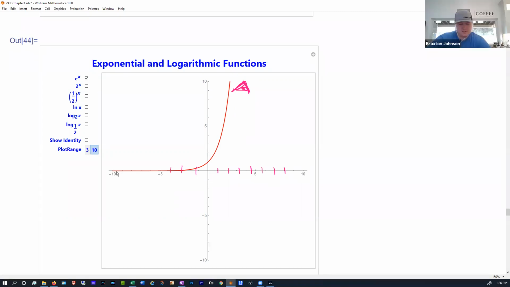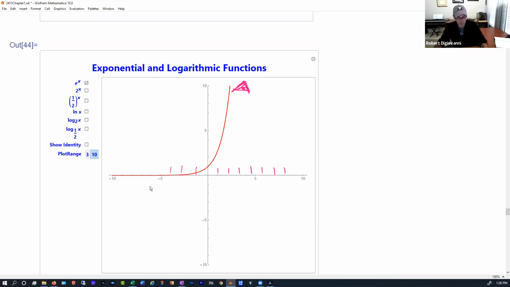So when Braxton says that it's approaching 0, what he means is that as the x value goes to negative infinity, as I plug in values of x that are getting more and more negative, e to the x is headed to 0.